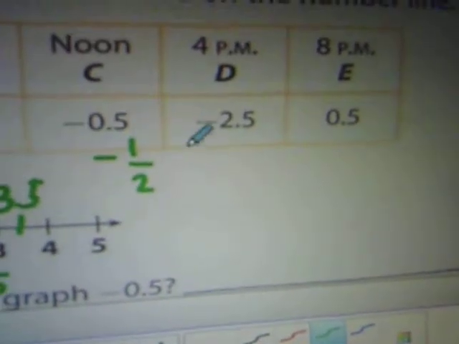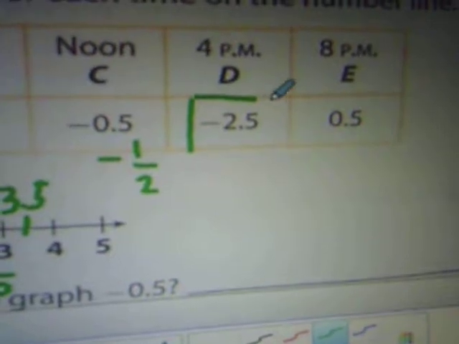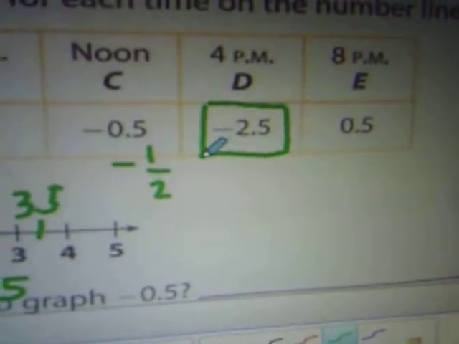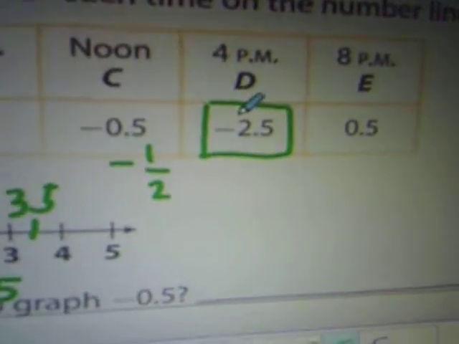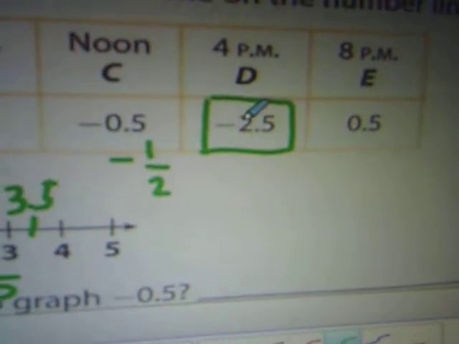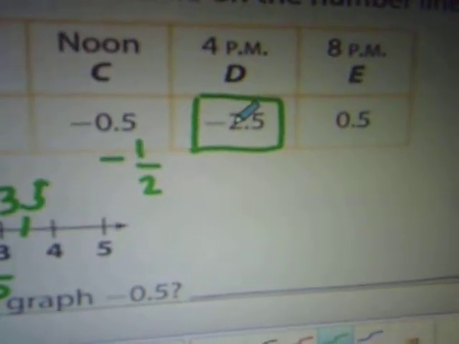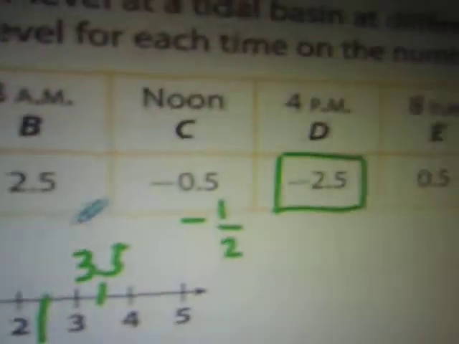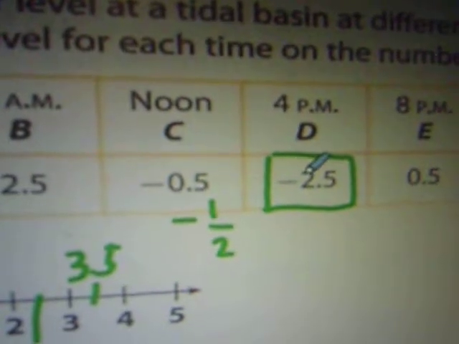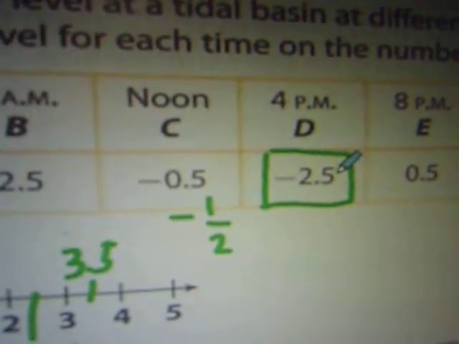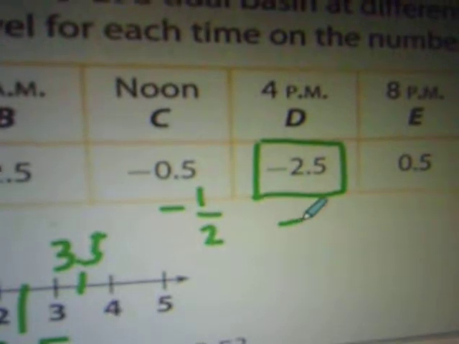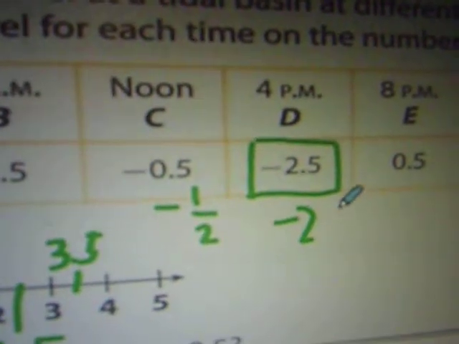Let's look at this one, another tricky one. -2.5. All the students have to think about is that there's this 2 now here, this -2 in the 1's place. So we're looking at the number line, start at 0. Now we have to move past the -1 and past the -2, because it's a -2 and then a little more than that.